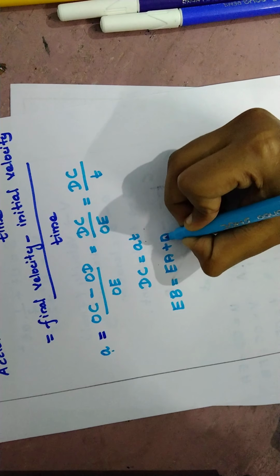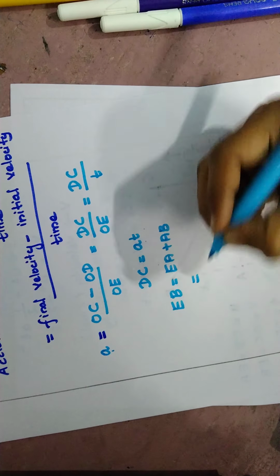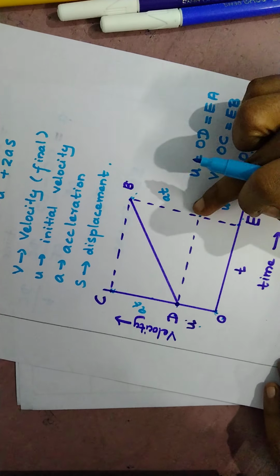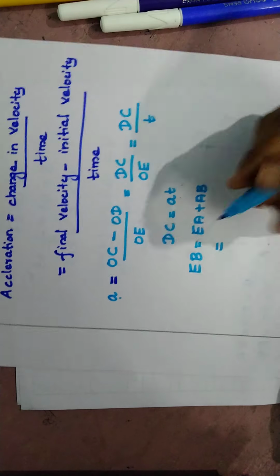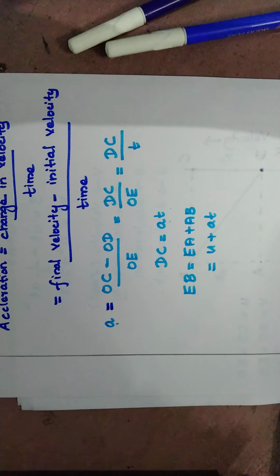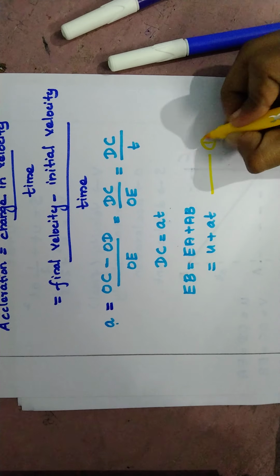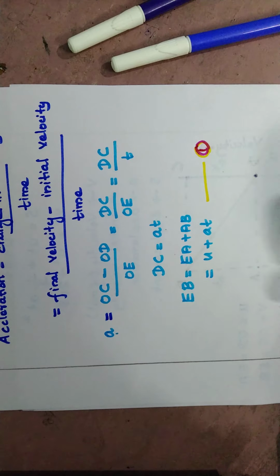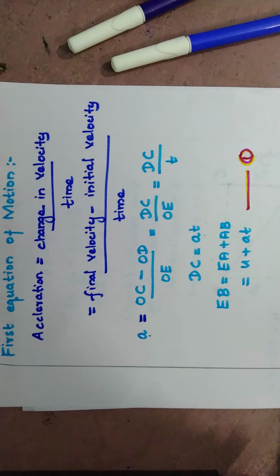EA is U, AB is AT. This is the first equation.